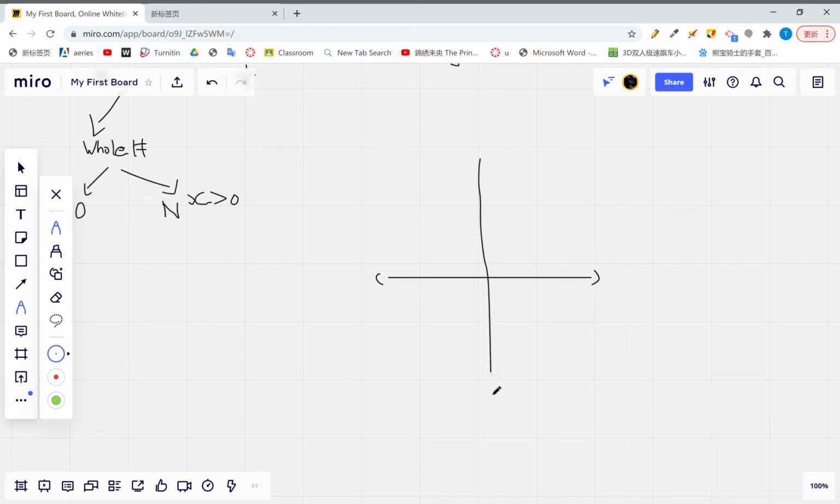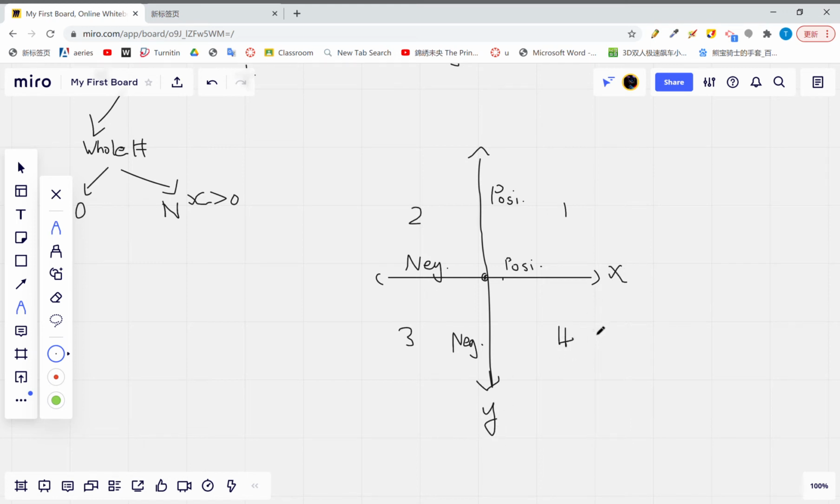Before, when we first learned math, we have a number line that's like this, okay? This is positive number, and this is positive, and this is negative. This is also negative. And we have quadrant 1, quadrant 2, quadrant 3, quadrant 4. This is x and this is y.